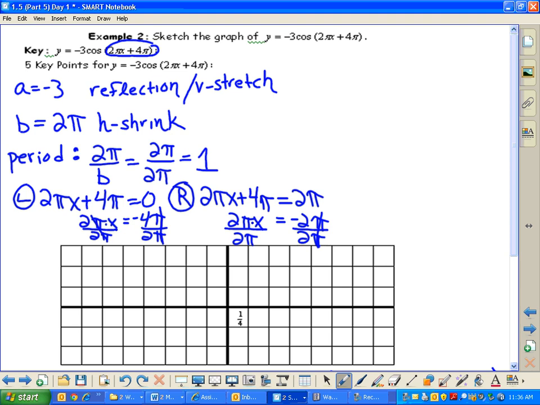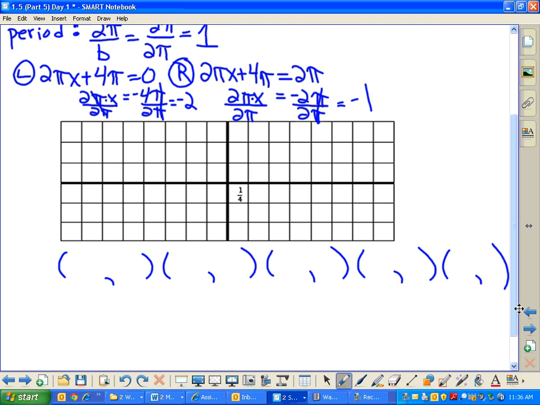So the left endpoint is actually at -2. And the right endpoint is actually at -1, which makes sense because the length of this curve had to be 1. And the space that it takes up from -2 to -1 is actually 1 unit. So my left endpoint starts at -2, and my right endpoint sort of stops at -1.